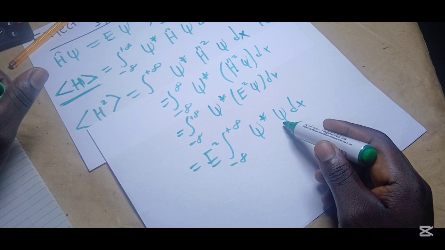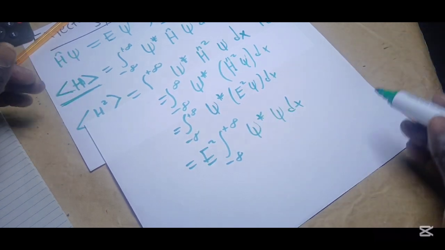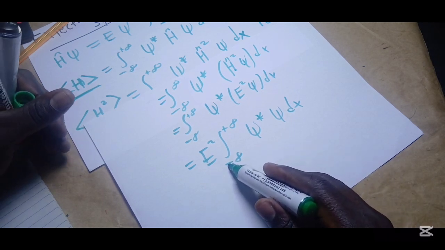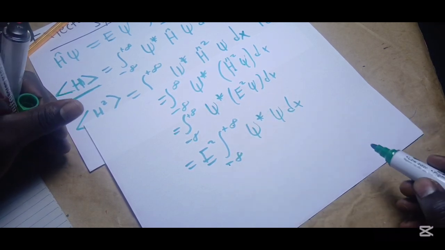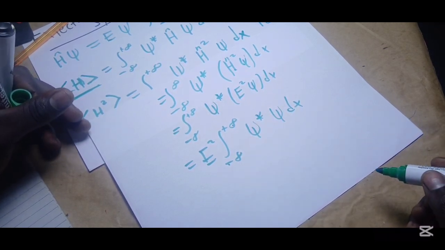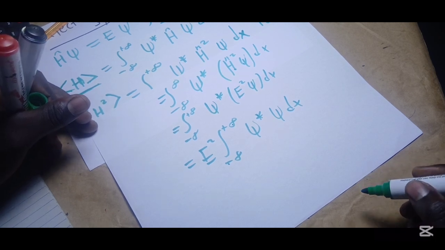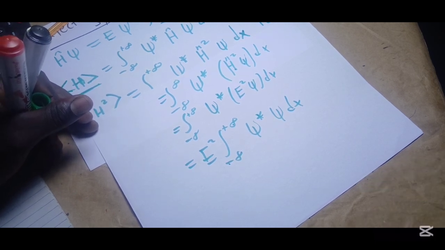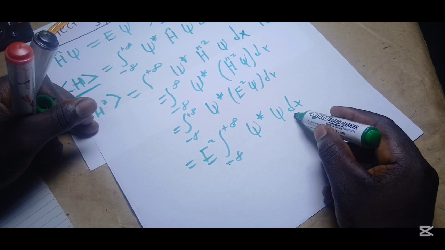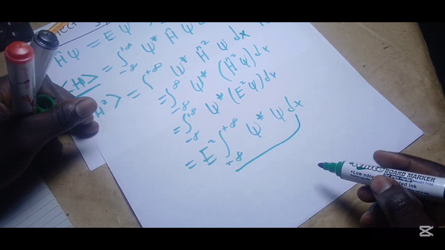The probability of us finding the electron in the entire space, integrating from negative infinity to positive infinity, should be 1. The electron must be found within that region, that is if it exists. So this whole term here equals 1.